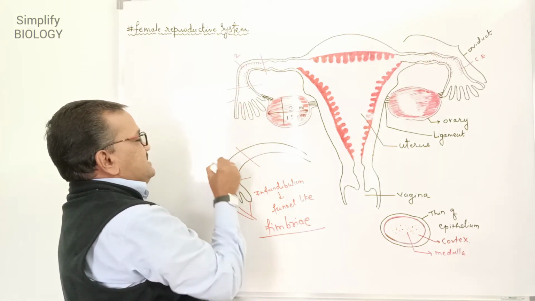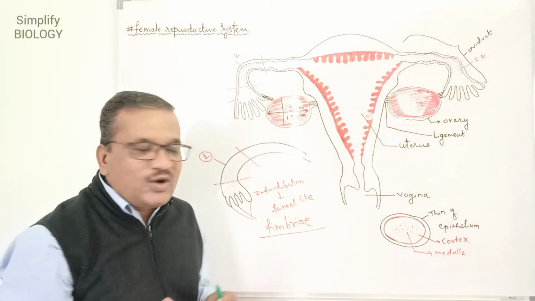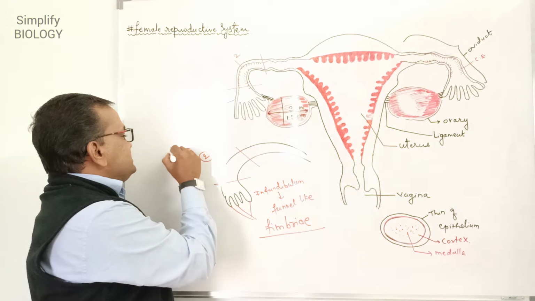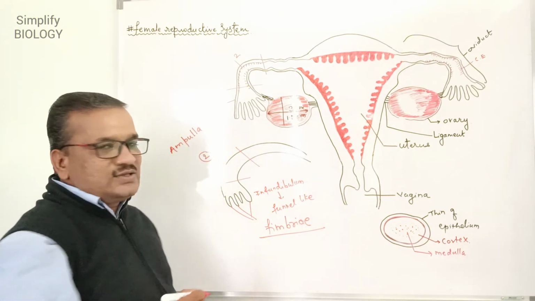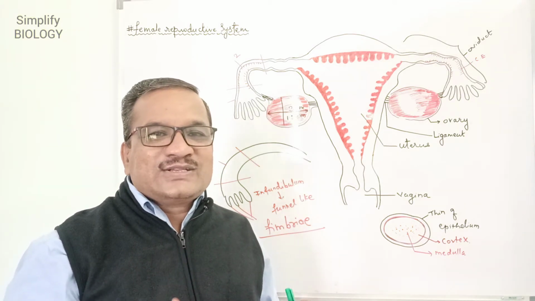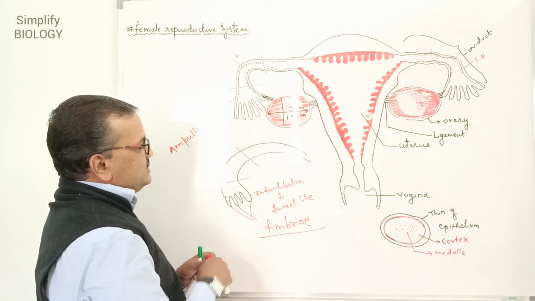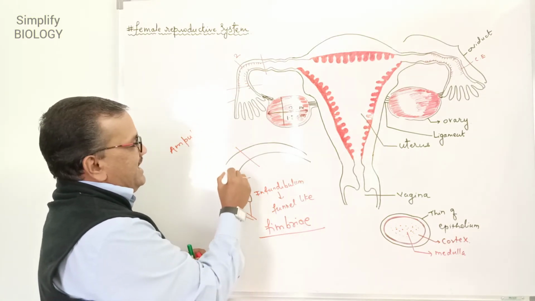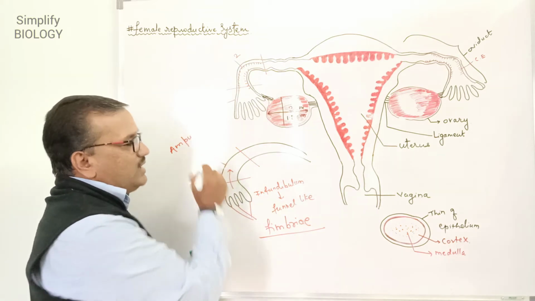Understood? So this is the second part of the oviduct, and this second part is called ampulla. If you see the structure of the ampulla, the infundibulum basically opens into the ampullar part.